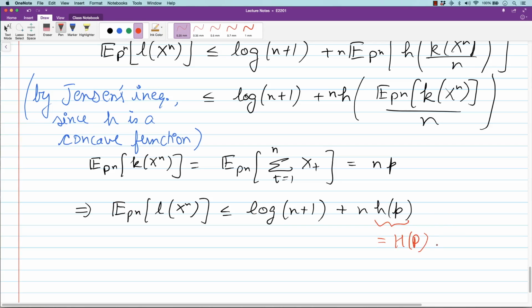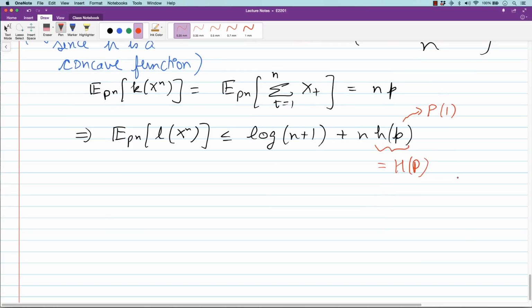Here, this p is just the probability under p of 1. So great, we can take this term to this side, and what we have established is the kind of bound that we want for redundancy. We have found a bound for how much larger at most this average length is from the ideal average length when you know the distribution.